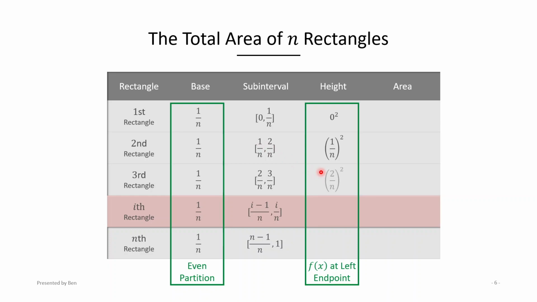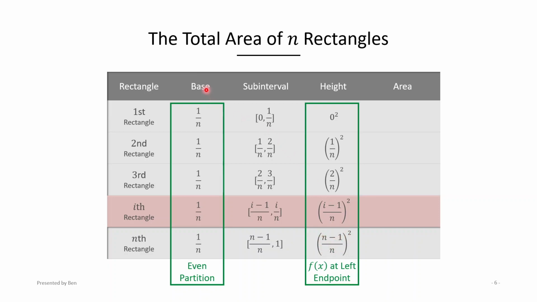And for the third rectangle, it will be the square of this value, still the left endpoint. And this is the general pattern: for the height, the square of the left endpoint. And for the very last rectangle, of course, it will be the square of this fraction.